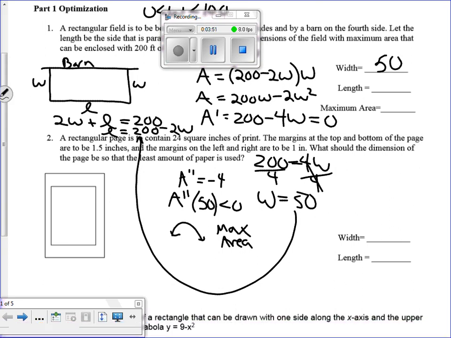We went back to the secondary equation, plugged in 50, and found that the length was 100. And so the optimal area is length times width, so that's 5,000 square feet. You don't have to write units for these, but I'll write them just to be right.